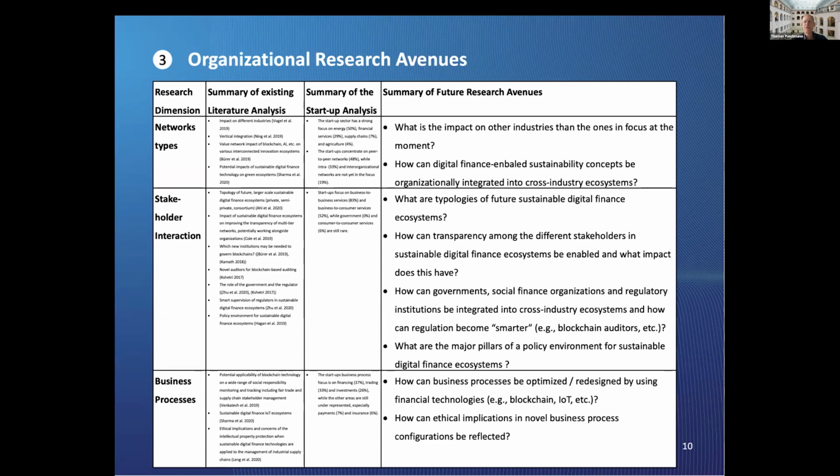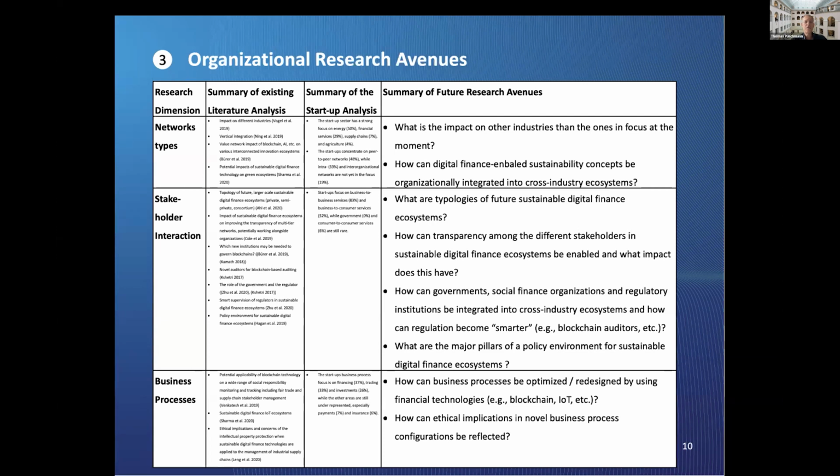We have financial services, of course, in the focus, but there are many others around. So how can all these climate fintechs, for example, be embedded into other service industries? And how can these finance-enabled sustainability concepts be organizationally integrated into these cross-industry ecosystems? I think this is one of the core questions here if we talk about the networks.